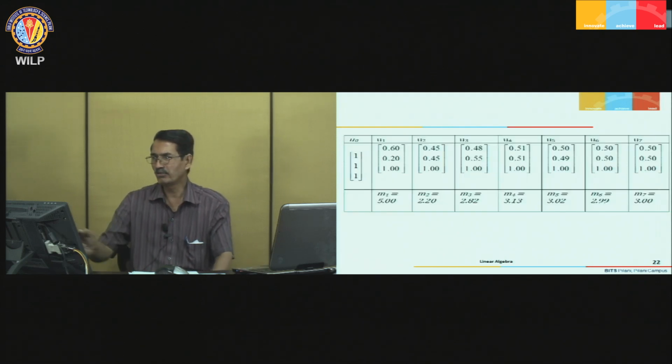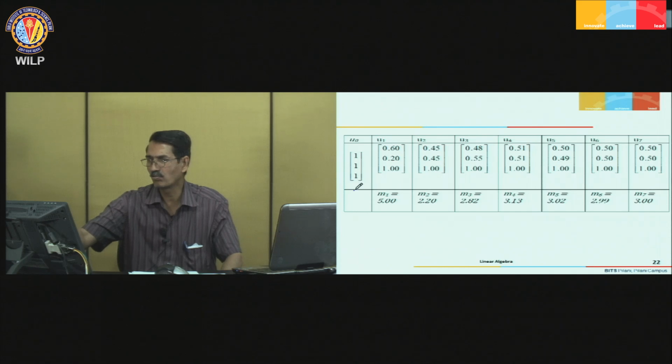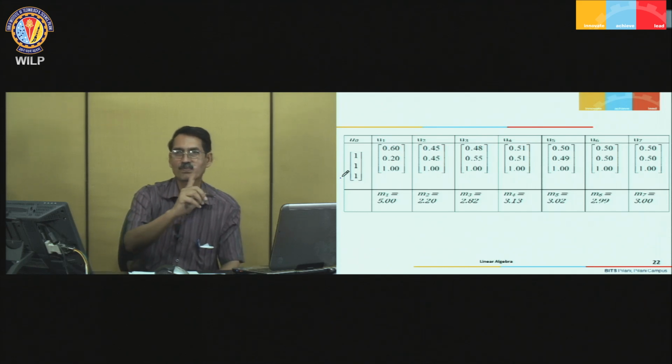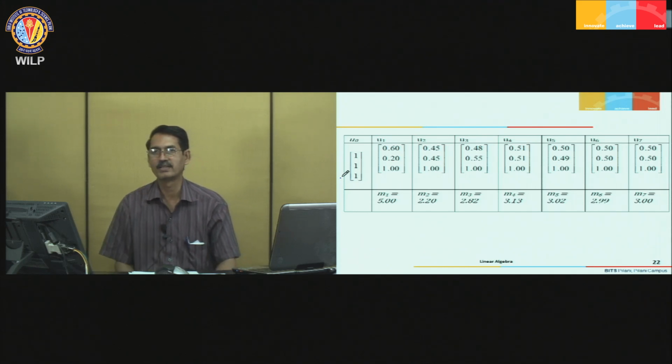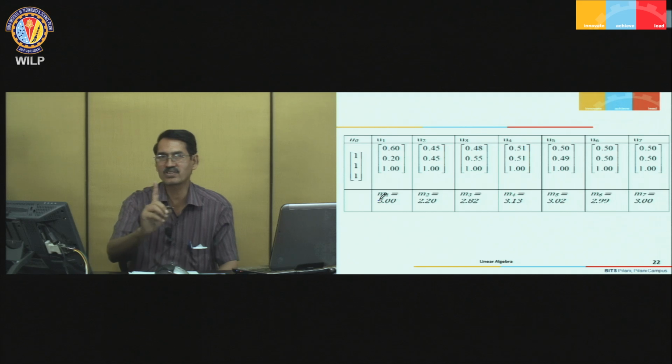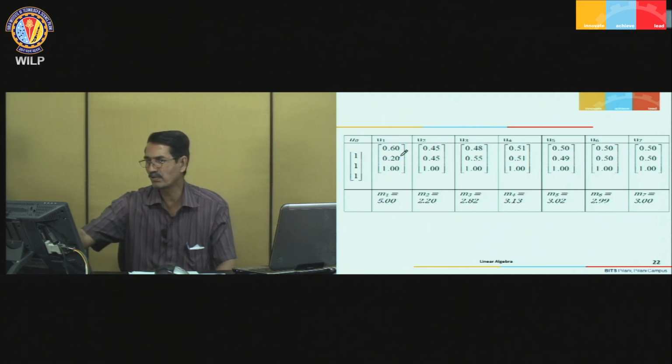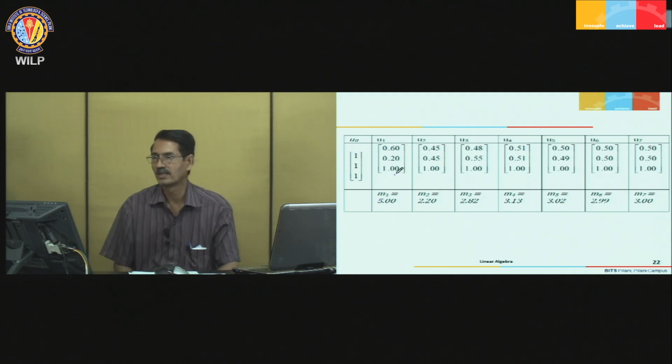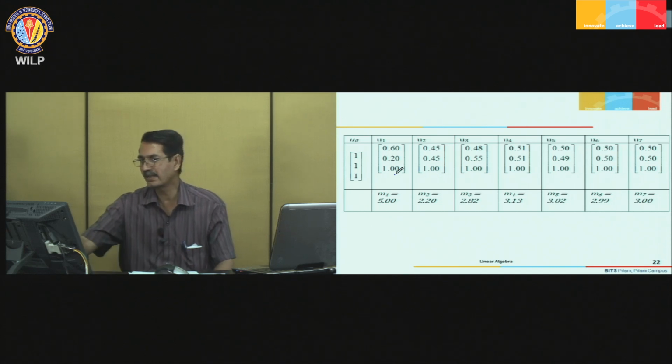U0 we have taken as 1 1 1, that was the first step. The second step is u1, obtained with the help of M1. M1 in the first step was 5, and u1 is 0.6, 0.2 and 1. All these u's must be in normalized form. When M2 is 2.20, u2 is 0.45, 0.45 and 1.